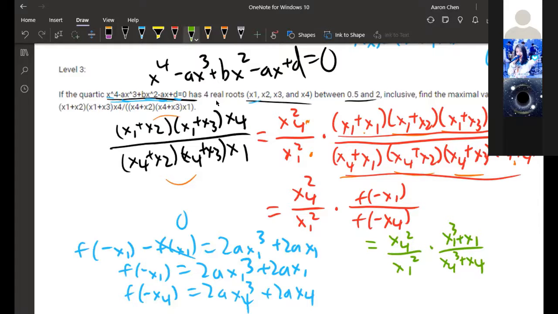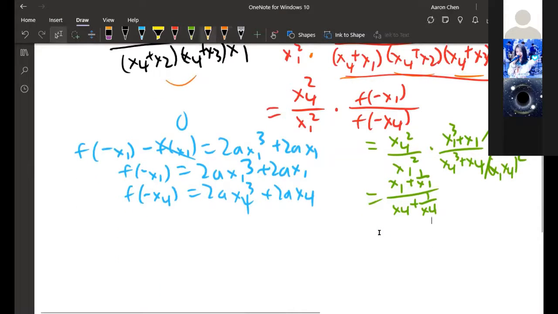And so now we can divide both the numerator and the denominator by x1, x4 squared. And so this is equal to x1 plus 1 over x1 divided by x4 plus 1 over x4.